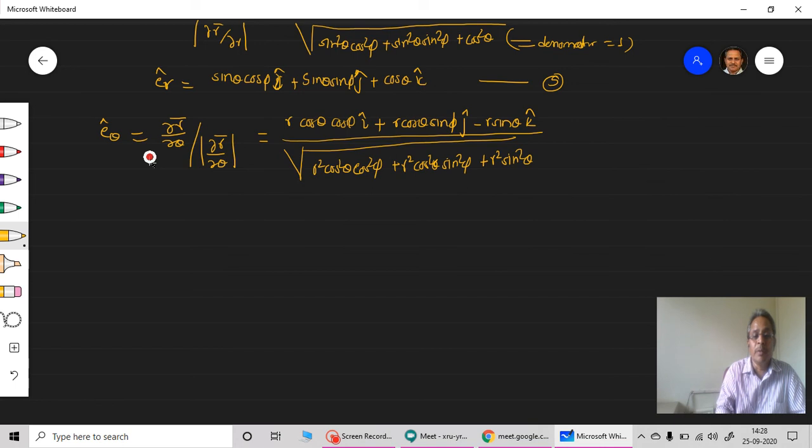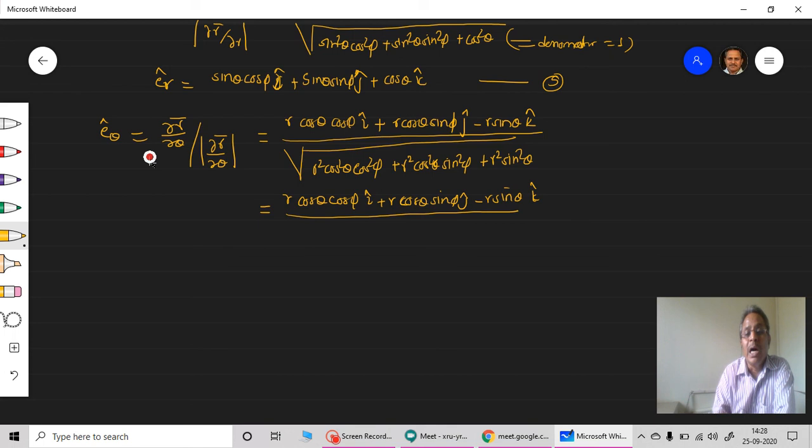Now look at this denominator and see what we are getting. So I will rewrite once again. This is r times cos theta cos phi into I cap plus r into cos theta sin phi into j cap minus r times sin theta into k cap divided by, now what is this?